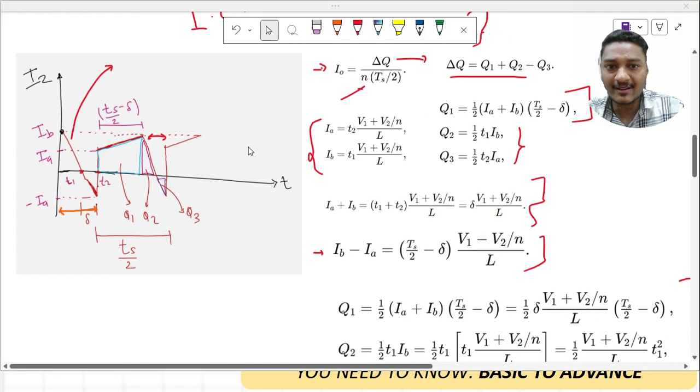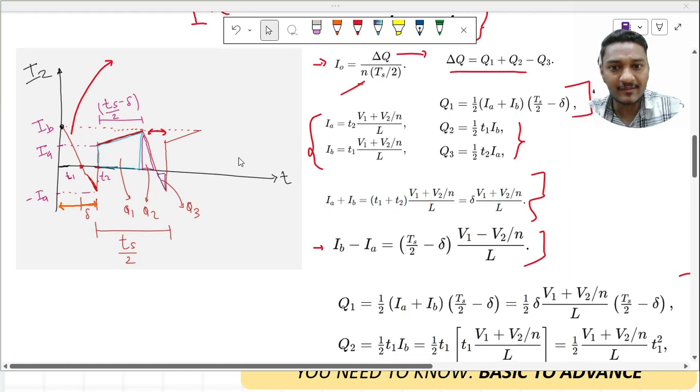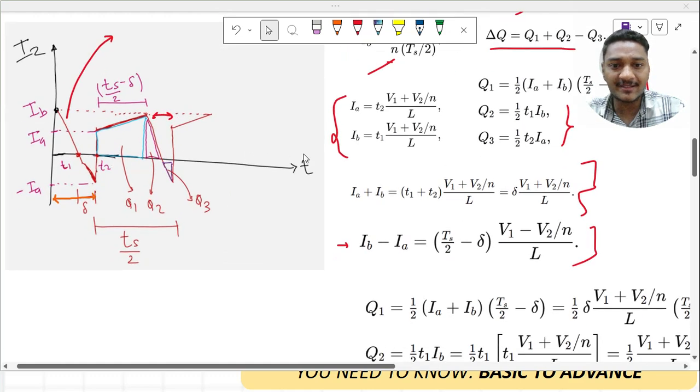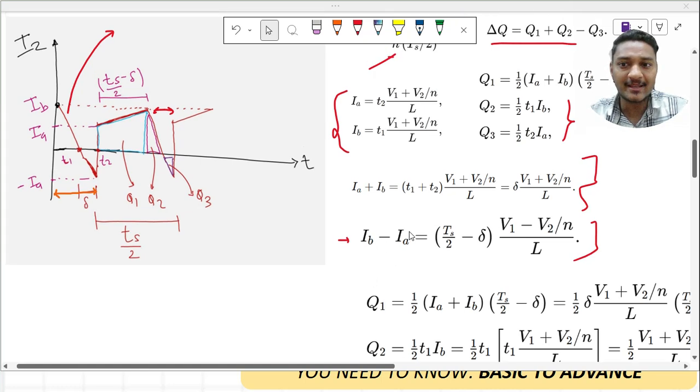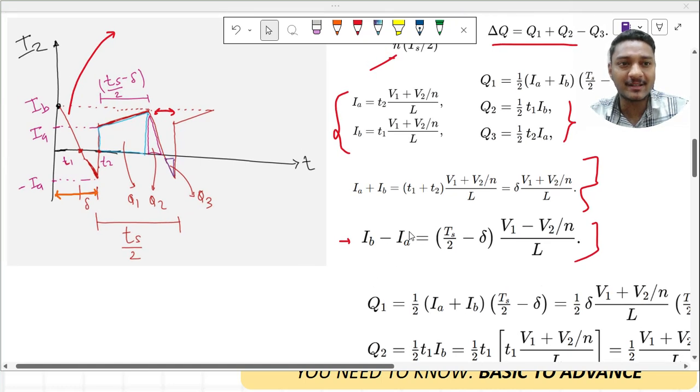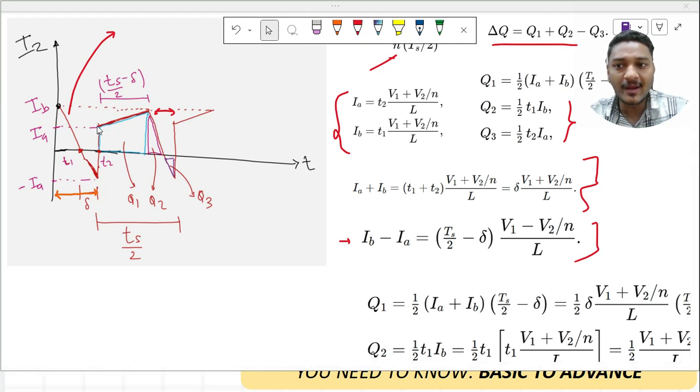So here we are in the previous derivation. What I feel I missed at that point is IB minus IA. I may have mistakenly said something in that video, so we need to write it down. You can see here, this is my IA, this is my IB. Now we need to know the slope. This duration is Ts by 2 minus del.